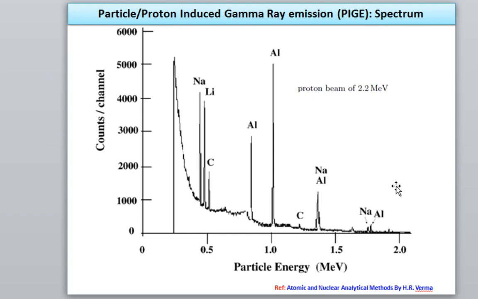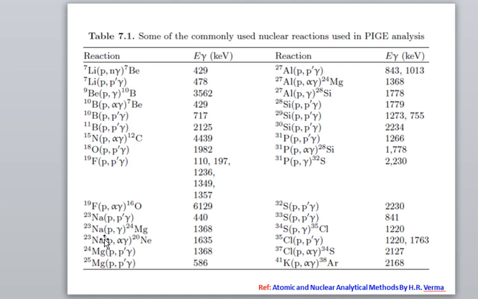This is a typical proton induced gamma ray emission spectrum. Here the energy of the gamma is plotted, and each element corresponds to a particular gamma energy: sodium, aluminum, carbon, lithium, sodium. This experiment is done with a 2.2 MeV proton beam. These are some common nuclear reactions which give gamma emission.